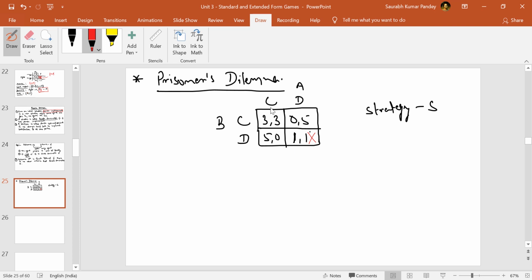Okay, so we can say that these three, like 3 3, 0 5, okay, and 5 0, they all are Pareto optimal. So we can write our Pareto optimality as CC, CD, and DC. This is our Pareto optimal state.